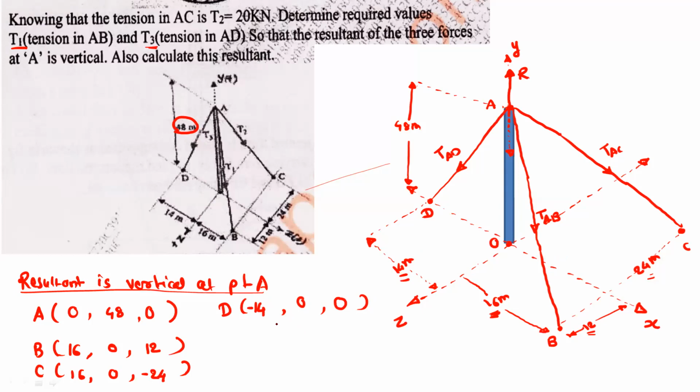So these are the coordinates of the point D: minus 14, 0 and 0. Now represent each tension in the vector form: tension AC, tension AB and tension AD.